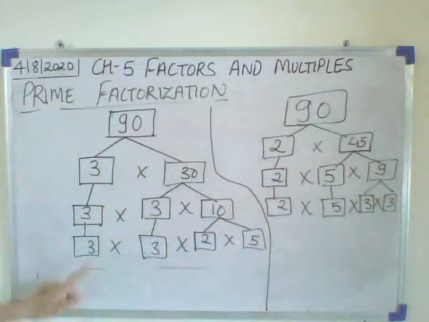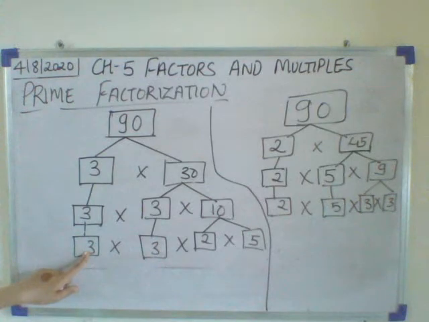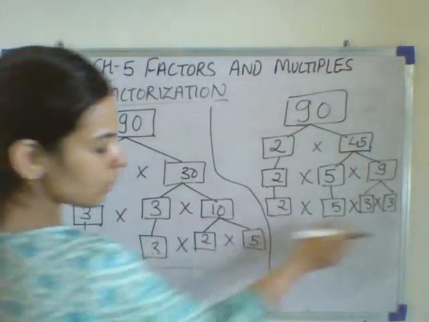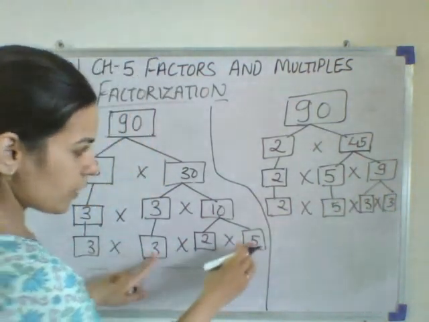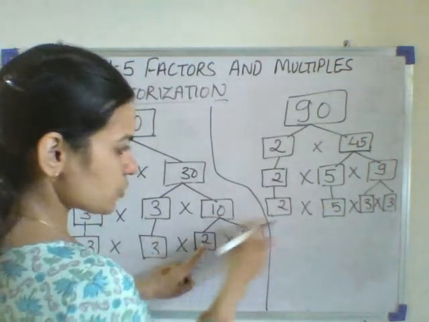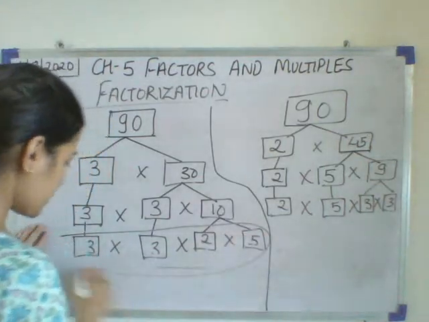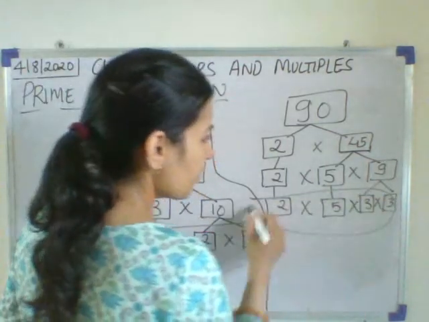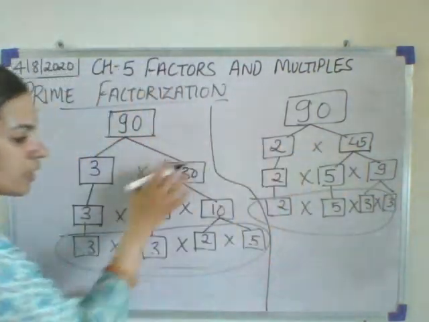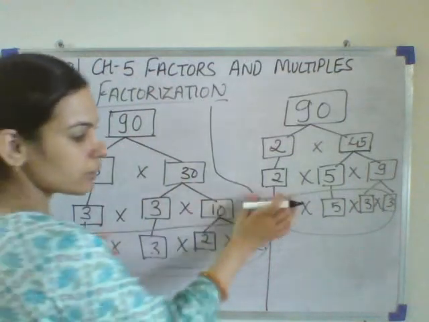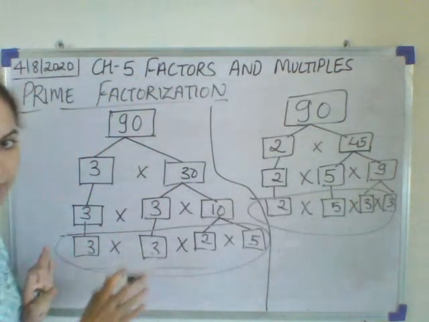Now see here, 2 3s are there, here also 2 3s are there, 1 5, 1 5, 1 2, 1 2 is there. The last that you are getting is exactly the same, no matter whatever number you are taking here. The final answer will be the same.